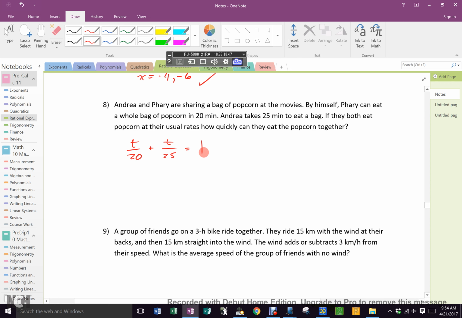What's the common denominator? 100. So this has to be 5t plus 4t to equal what? 100. 9t equals 100. What does t equal? 100 divided by 9, which is 11.1. Yes? 11.1 minutes to scarf down the bag of popcorn, which is no good considering movies are now 180 minutes long.